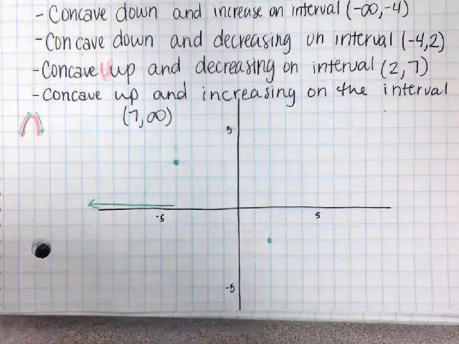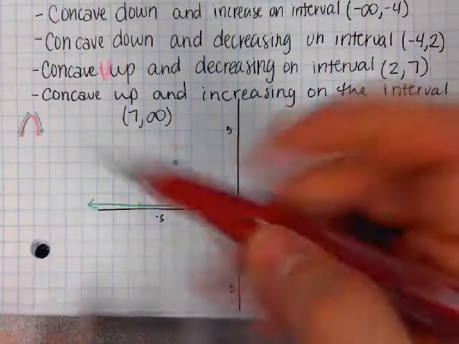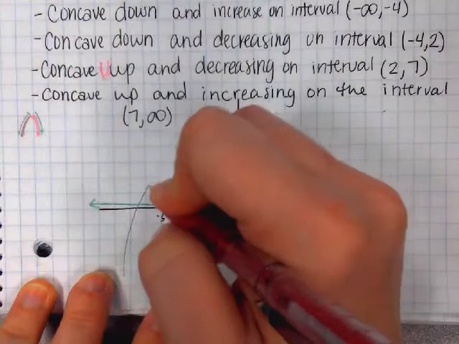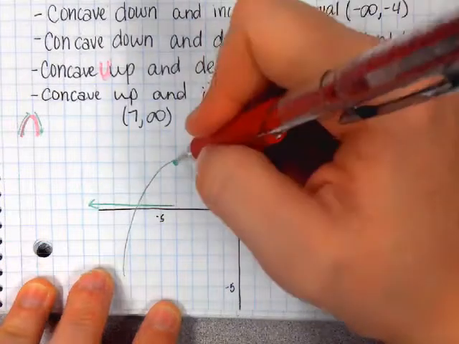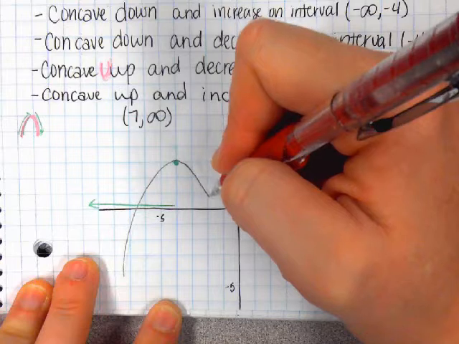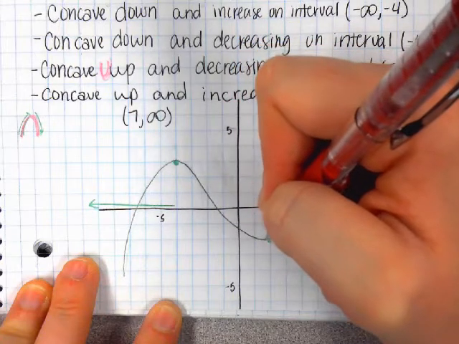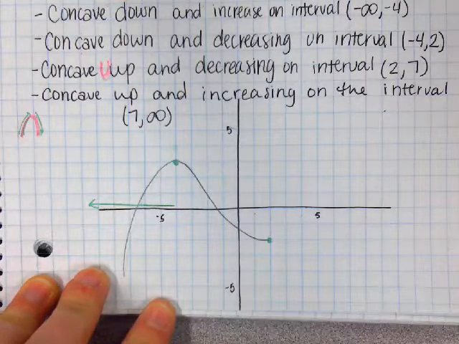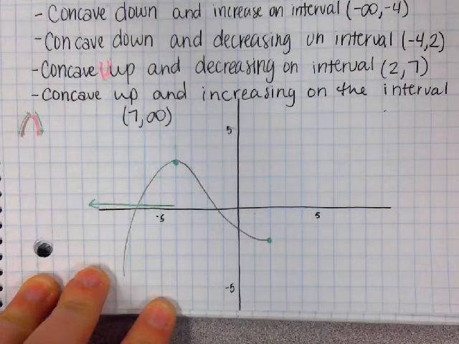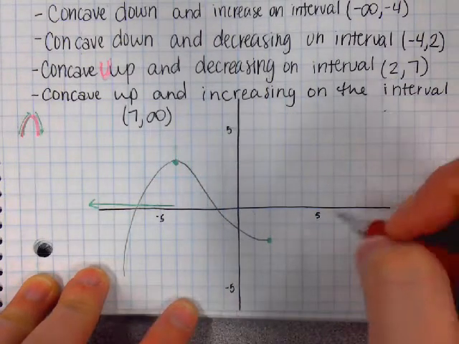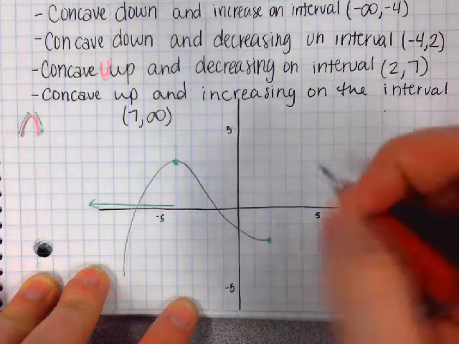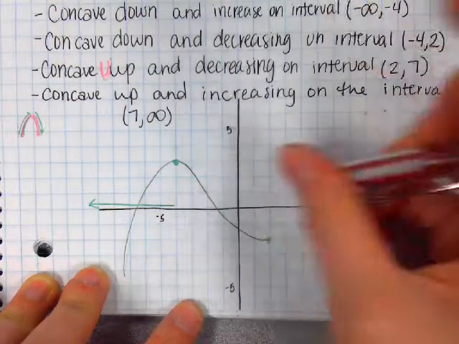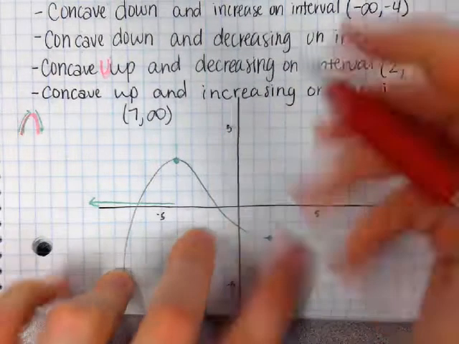So I'm going to go ahead and just draw the general idea so far. So concave down, increasing, concave down, decreasing. Then it says concave up and decreasing.